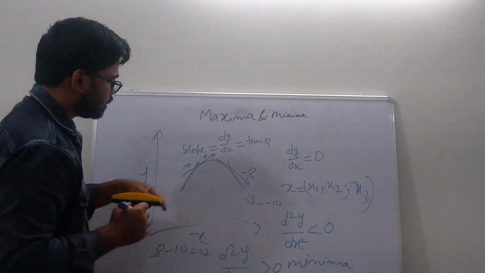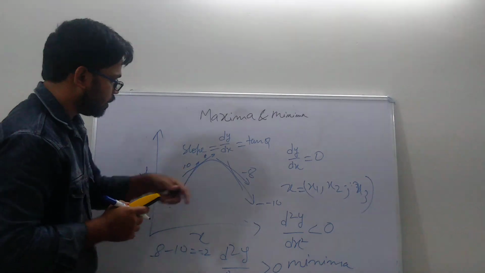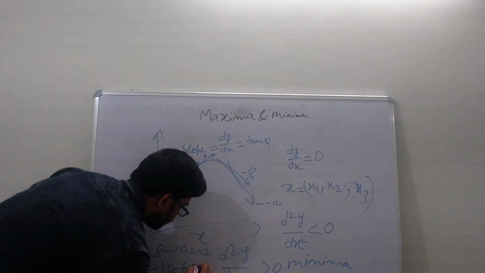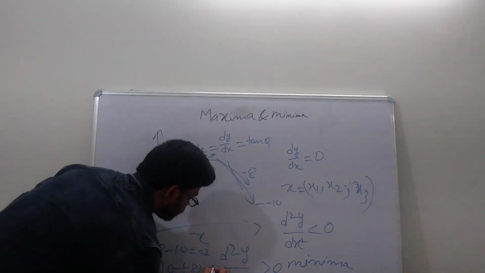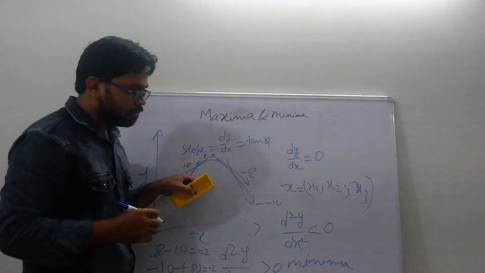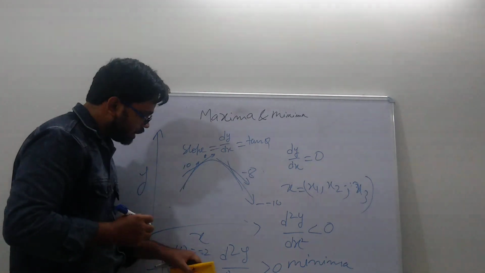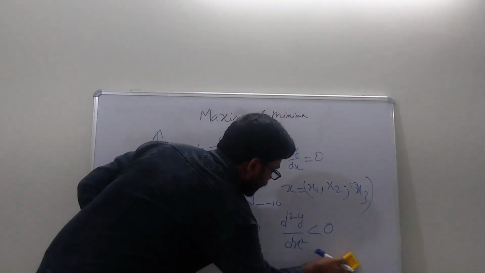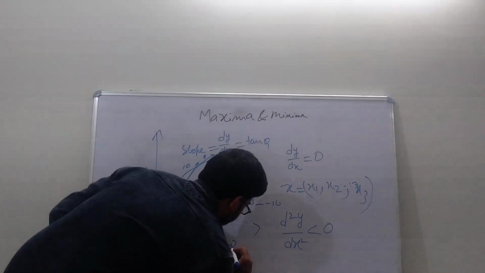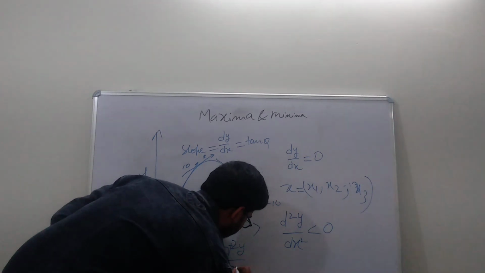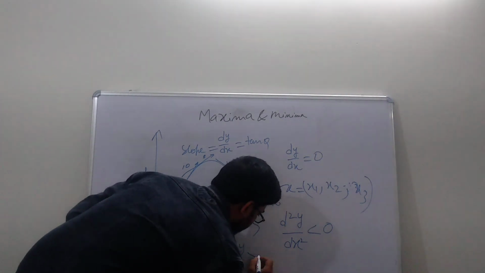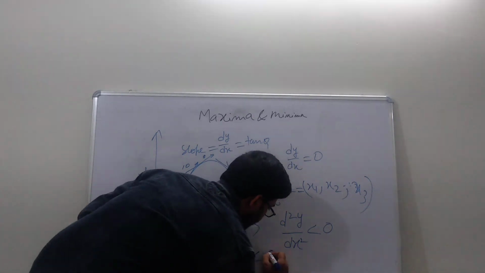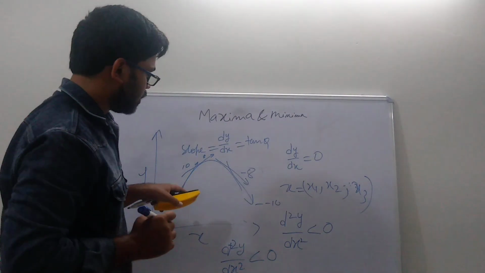If we subtract, minus 10 minus of minus 8, we get minus 2. The numbers can be anything, I am just showing the trend of how the double derivative works. So we can conclude that if d2y by dx2 is less than 0, it is maxima.